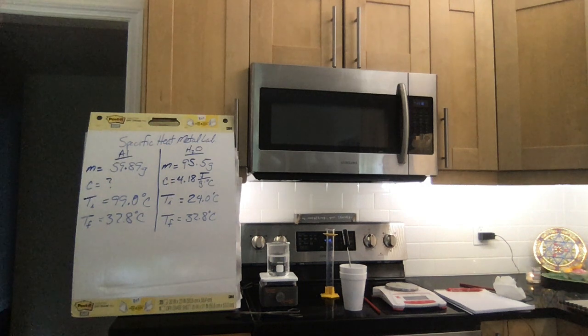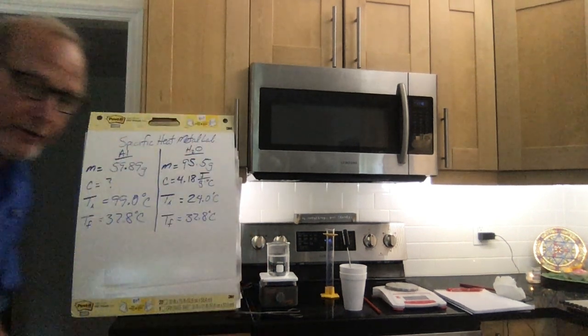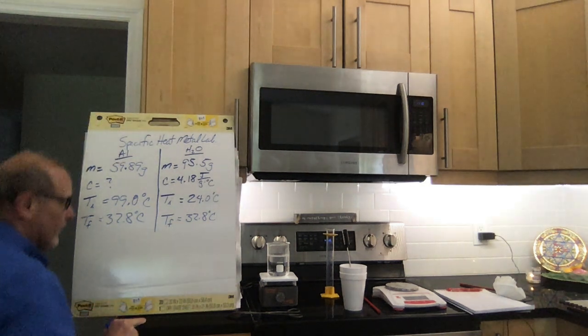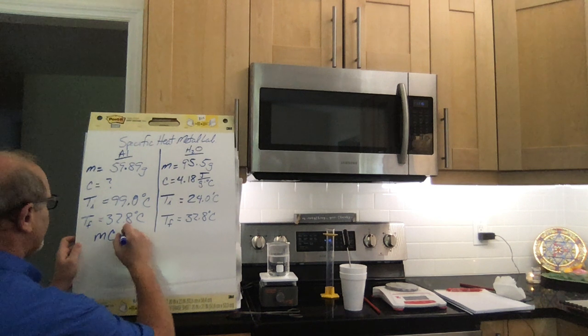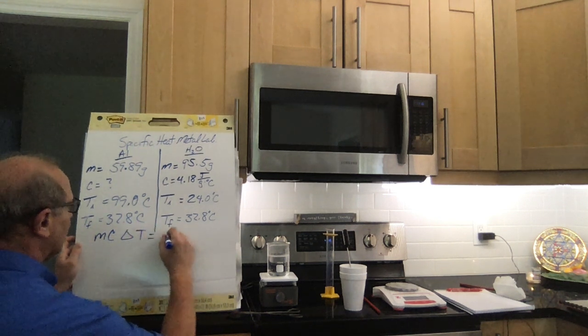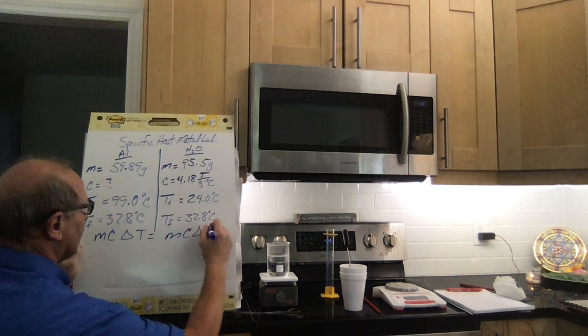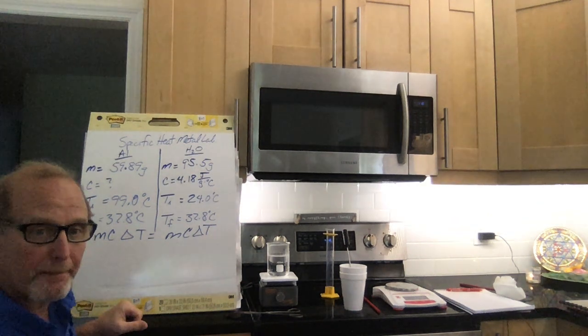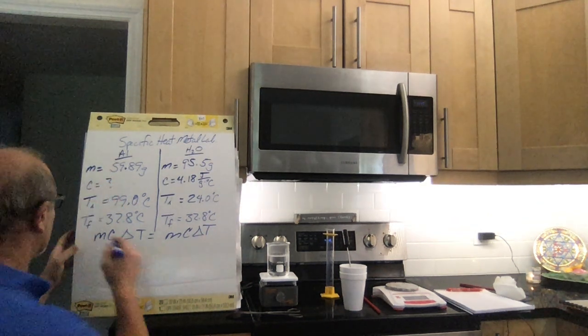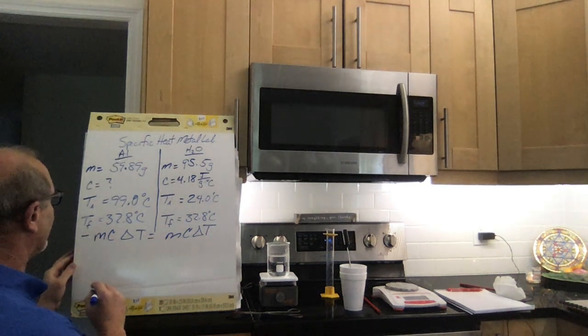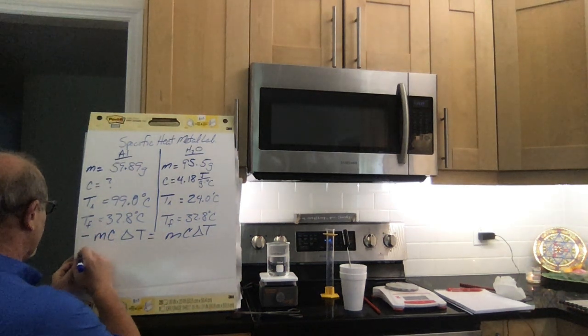Now what we can say is the water absorbed all the energy from the metal. So what we can say is MC delta T equals MC delta T. Just keep in mind now, the metal was hot, it lost energy. We're going to put a negative sign out in front of that. So now let's plug in our players.